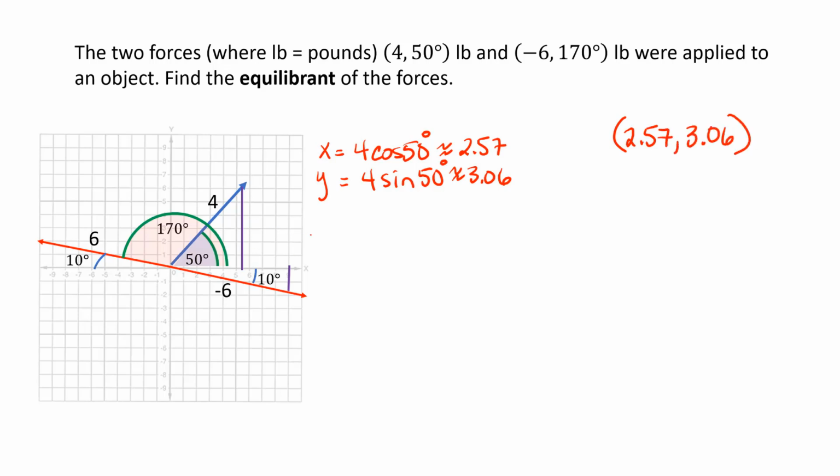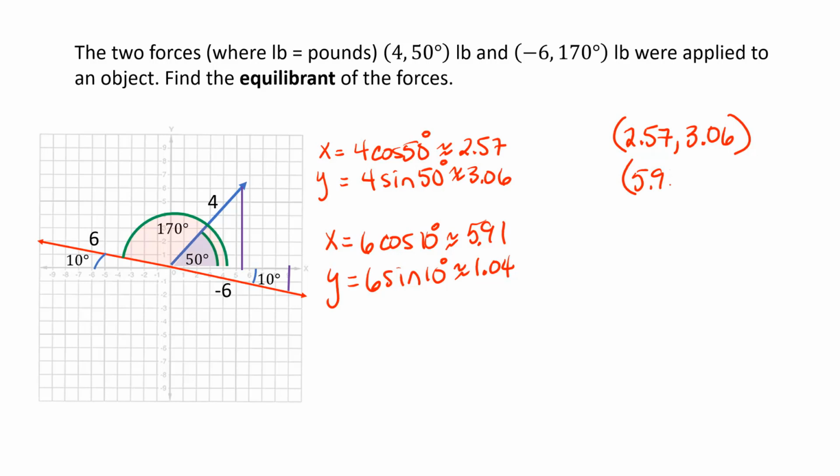The second vector, the one that's -6 at 170 degrees, we do the same way. X is equal to 6 cosine 10 degrees, which is about 5.91, and y is 6 sine 10 degrees, which is about 1.04. Since that is in the fourth quadrant, the y is going to be negative, so your x is positive, your y is negative.